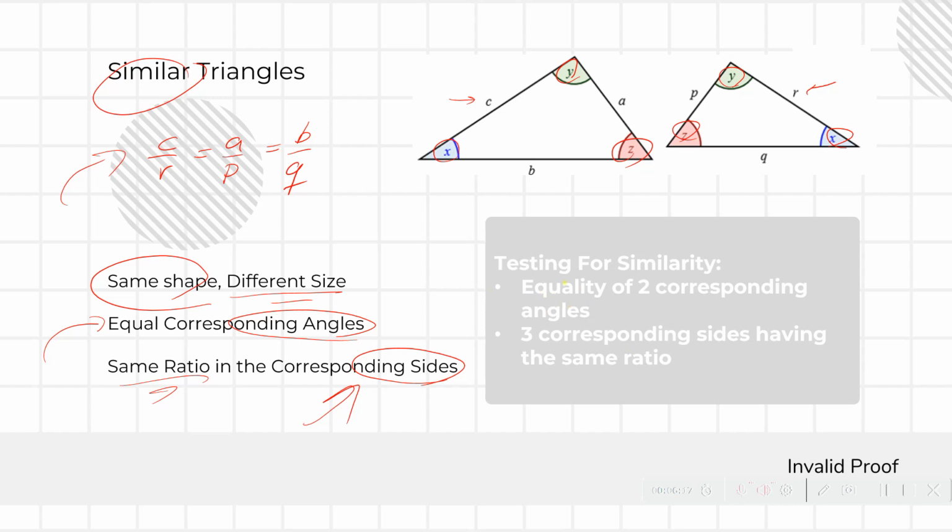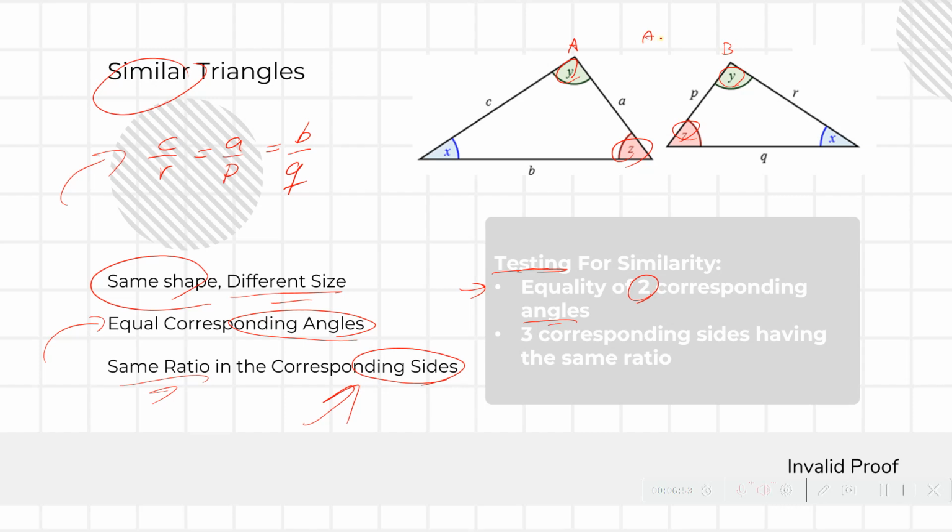But how are we going to know if two triangles are similar if we don't know everything about them? There are a few ways to test for similarity. The first way is equality of two corresponding angles. If two angles in two triangles are the same, then we can deduce that the two triangles are in fact similar. For example, let's say in these two triangles we don't know anything.